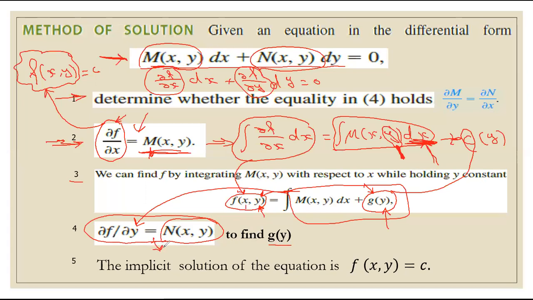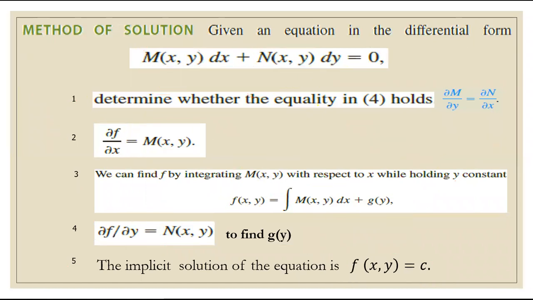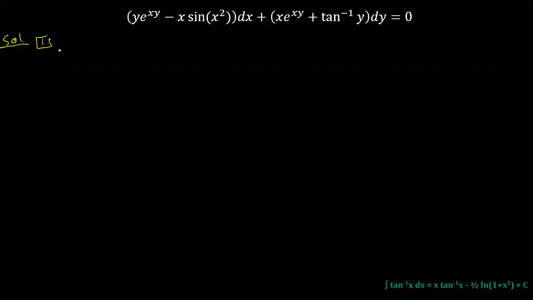By finding the integral of both sides, then I will get f equals c in step number 5. Let me do everything in details in the following example, and you will find it's very easy. But you need to take a photo of this slide, okay? So here, I remember, the first step is to check; first of all, I need to determine my m and my n. Let me use the blue.